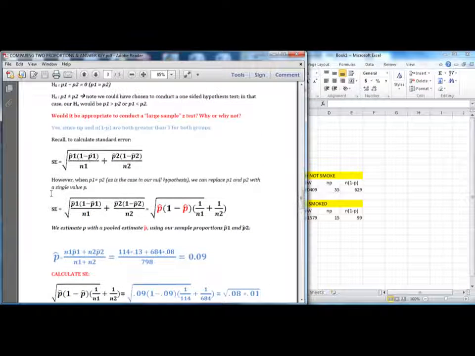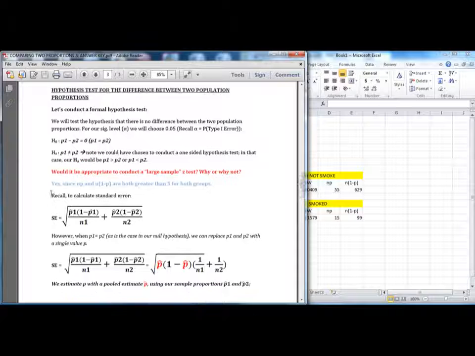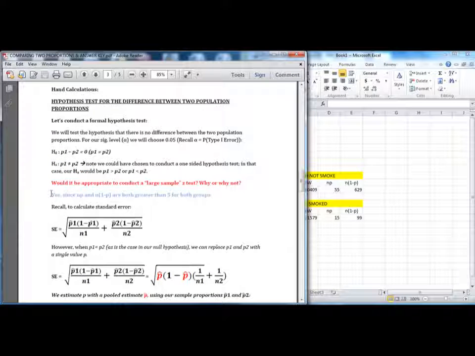Now another thing to note is the rule of thumb which we use to let us know whether or not it's appropriate to conduct a large sample z-test. For hypothesis testing, we say we should have successes and failures both greater than 5 for both groups.